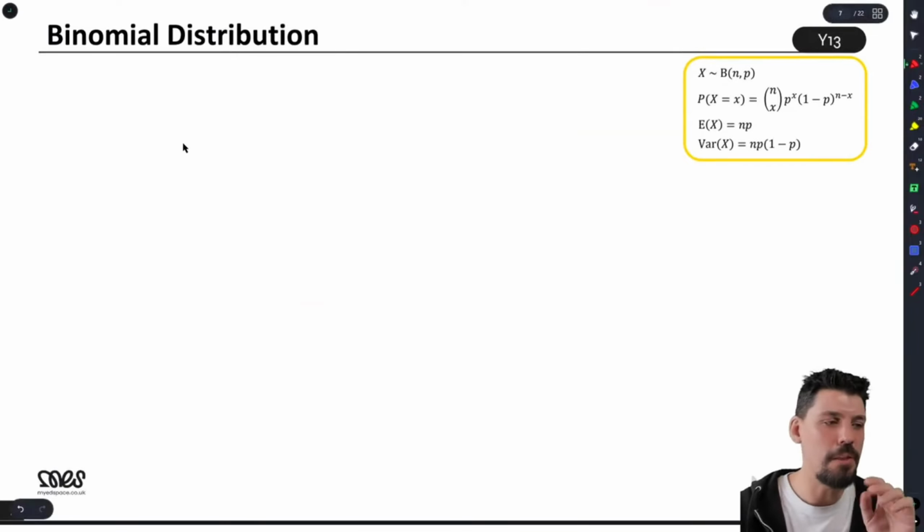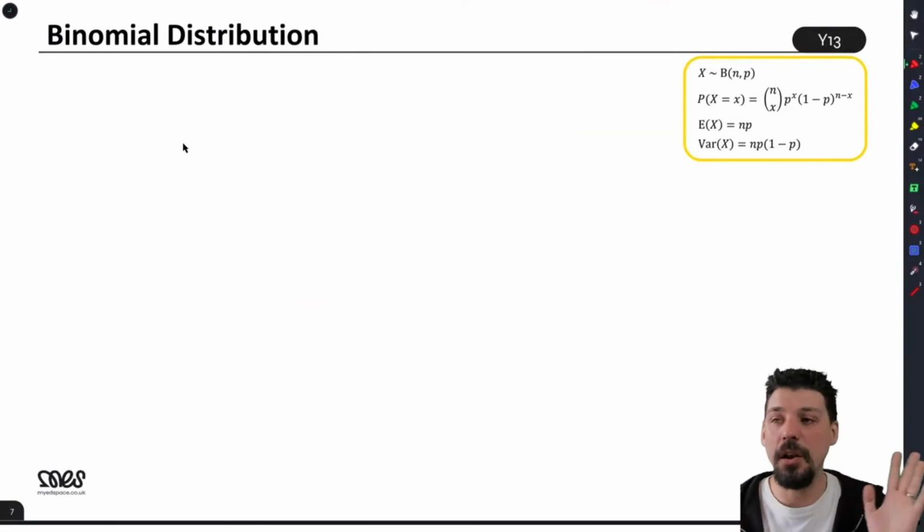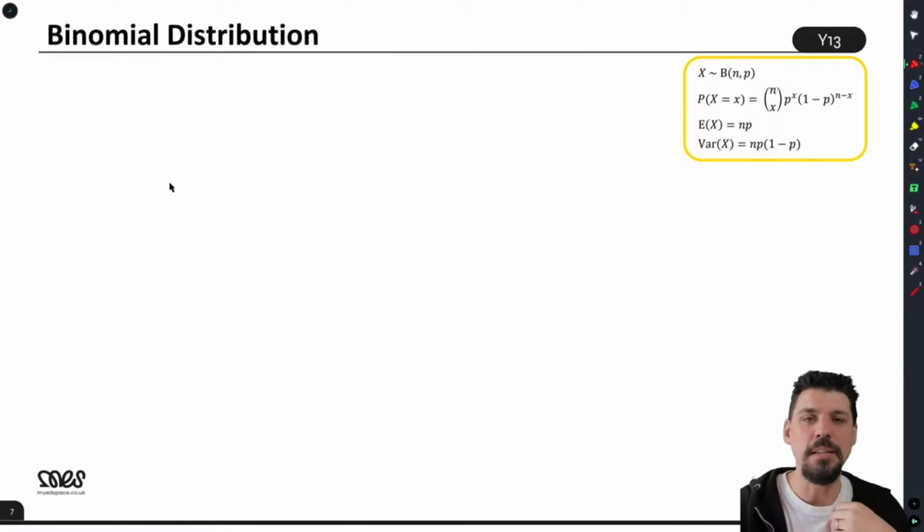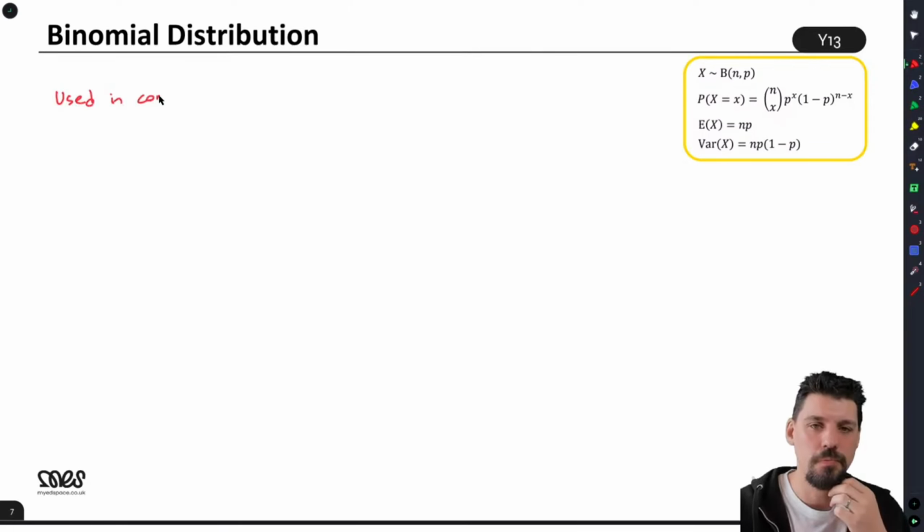Right, the binomial. We study it a lot in single math, so we're not going to talk about in depth where it all comes from. We don't need to. But what I will mention is it's largely used in conjunction with other distributions a lot.